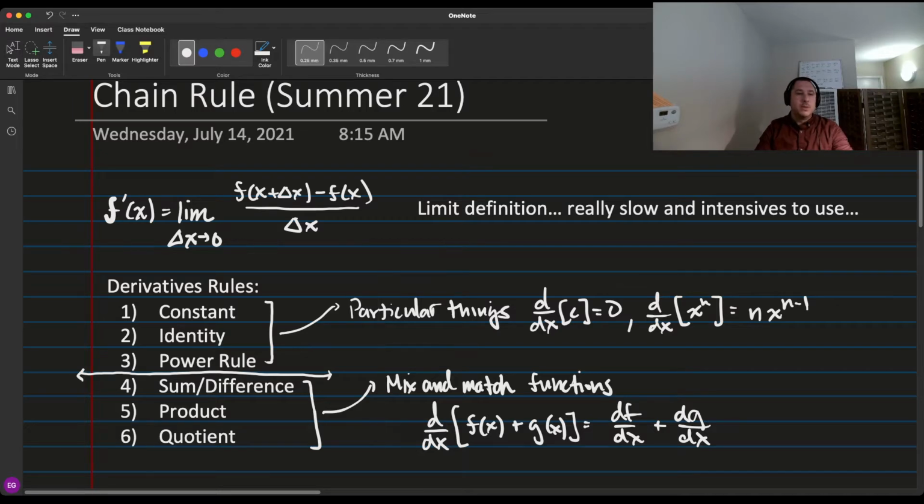Does anyone remember what the other function operation that we're missing from this list in 4, 5, and 6 is?